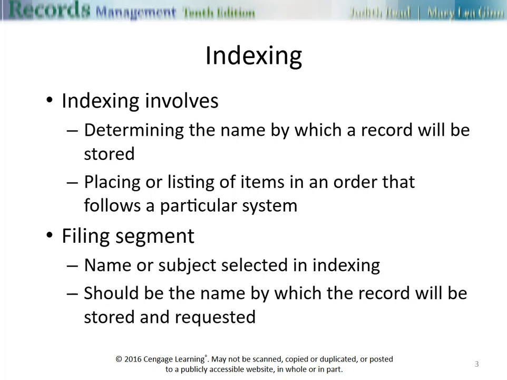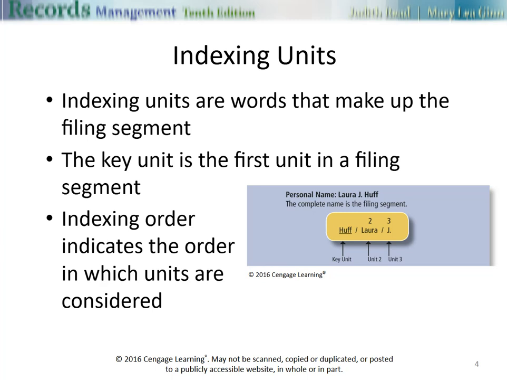And so each word in a filing segment is called an indexing unit. And so let's say the record is for Laura J. Huff. So we have somebody's first name, which is Laura, J is her middle initial, and Huff is her last name. And that breaks down into 3 separate units for this particular example.